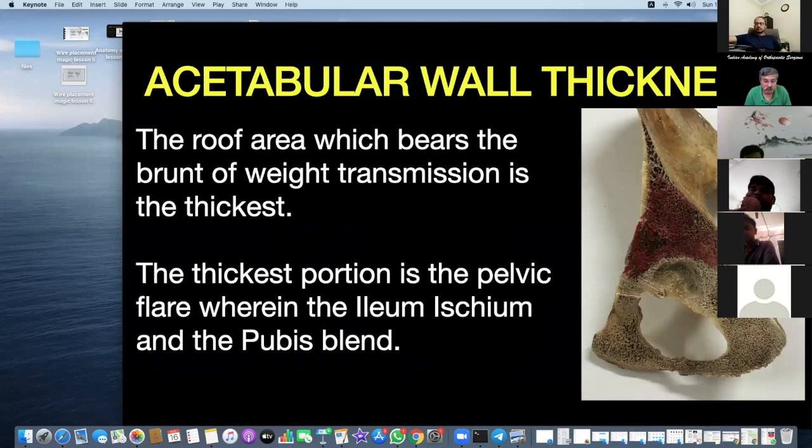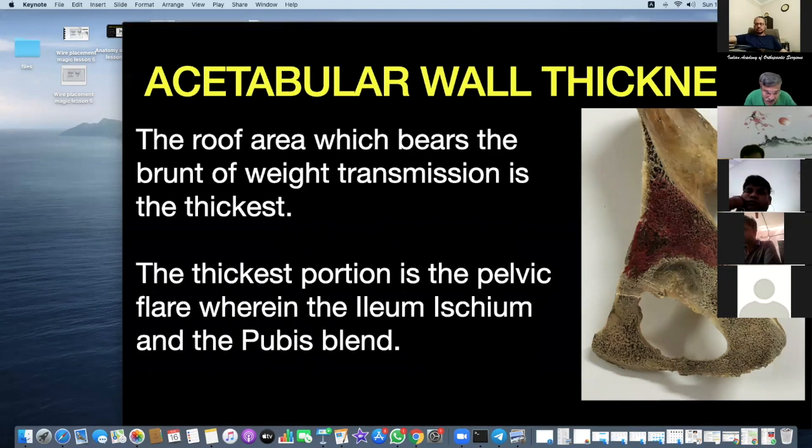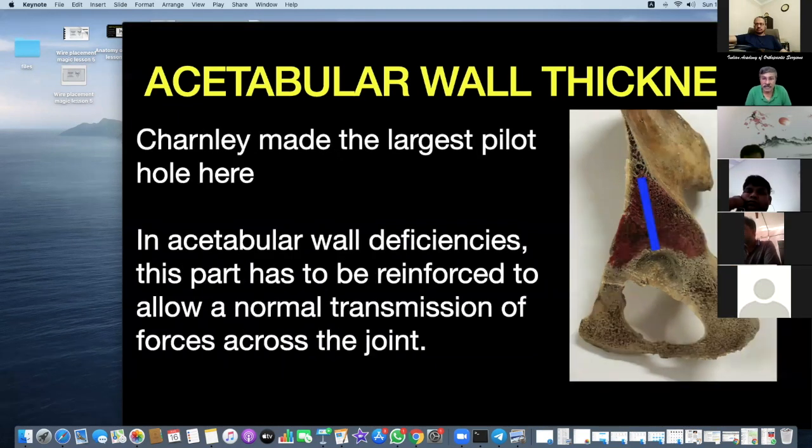The thickest portion is the pelvic flare where ilium, ischium and pubis all meet. And that is the point we use for the principal anchorage screw in a cementless hip and the principal big peg, central hole for cementation in cemented hips. Sir John Charnley made the largest pilot hole in this thickest area, over which he would ream the acetabulum with a manual reamer.